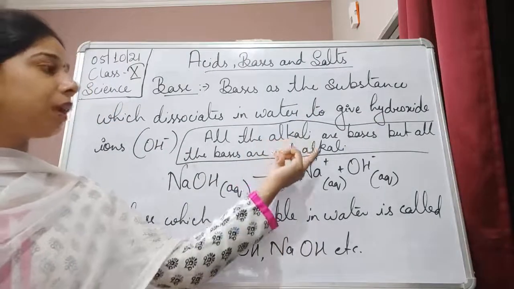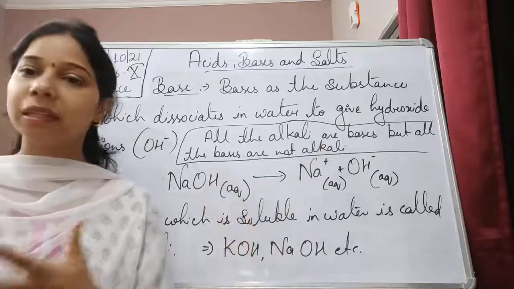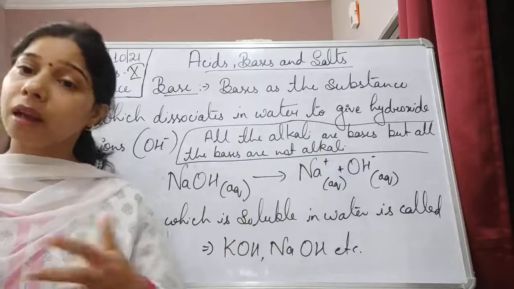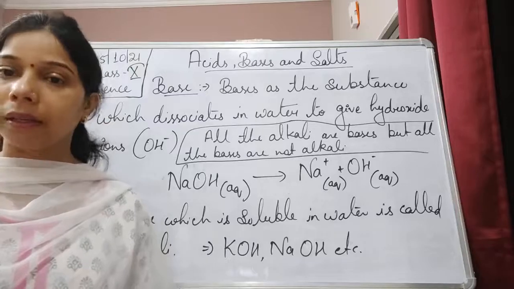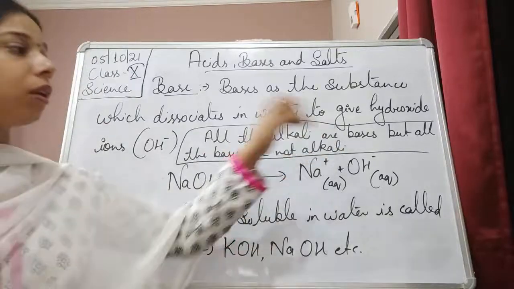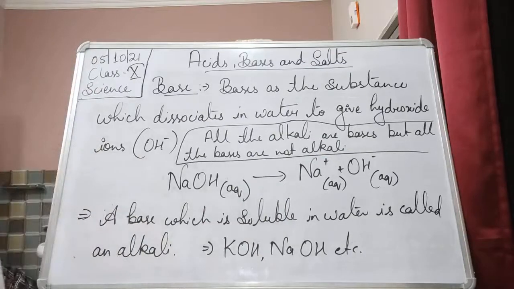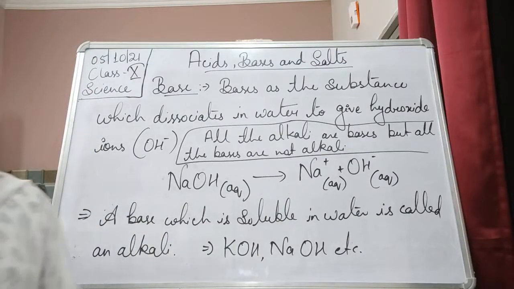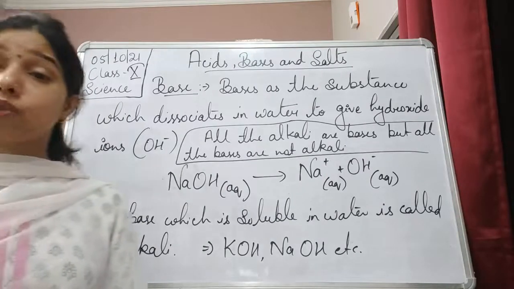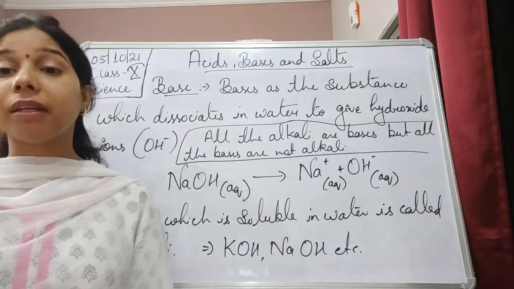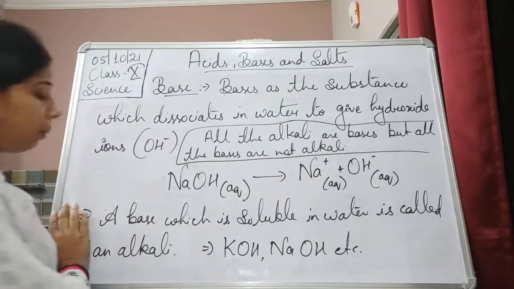It means that alkalis are the bases which get easily dissolved in water. But there are bases which do not get easily dissolved in water, so they are not said to be alkalis. Now, the bases are also classified into two types, students. One is the strong base and the other one is the weak base. So, let us see what a strong base is and what a weak base is.